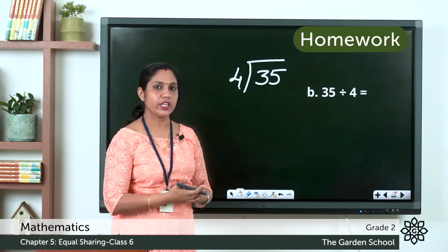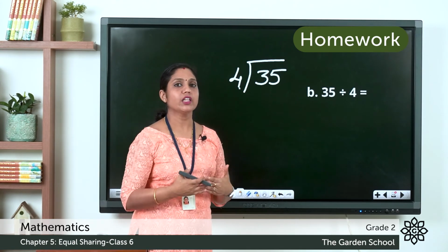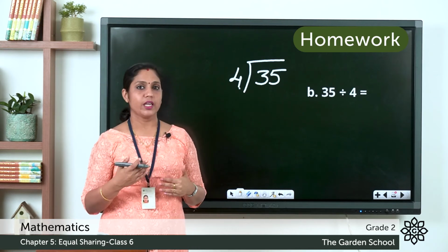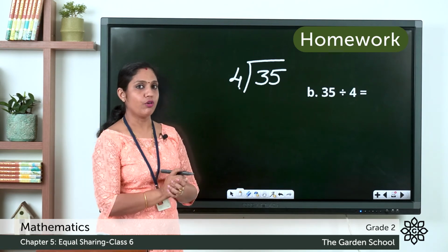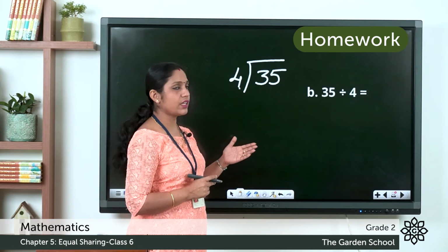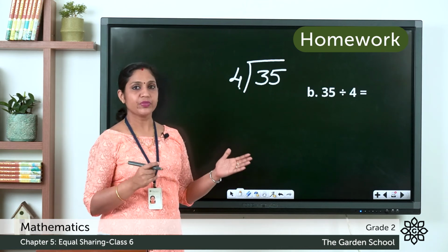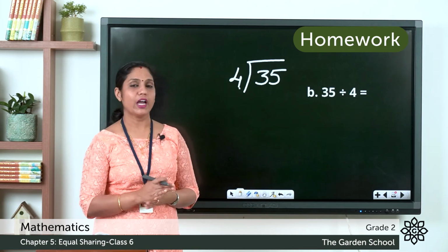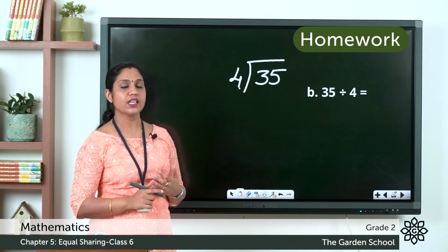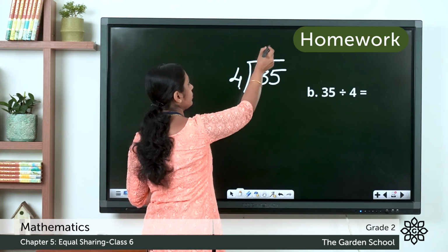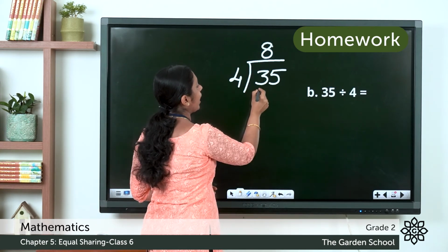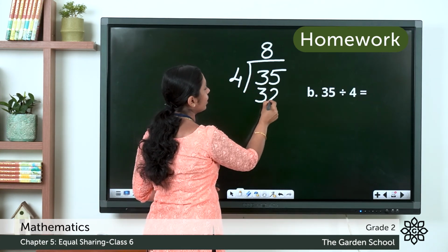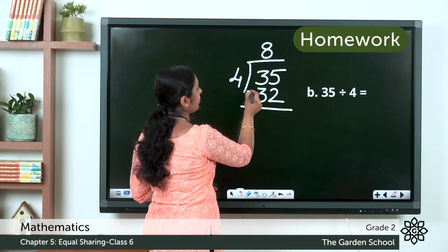So are you able to get the number 35 in the 4's table? So keep on revising the table of 4. So you get 4 8s are 32, 4 9s are 36. Which number you have to take? 4 8s are 32. 8 you write on the top and 32 below 35 and then subtract.